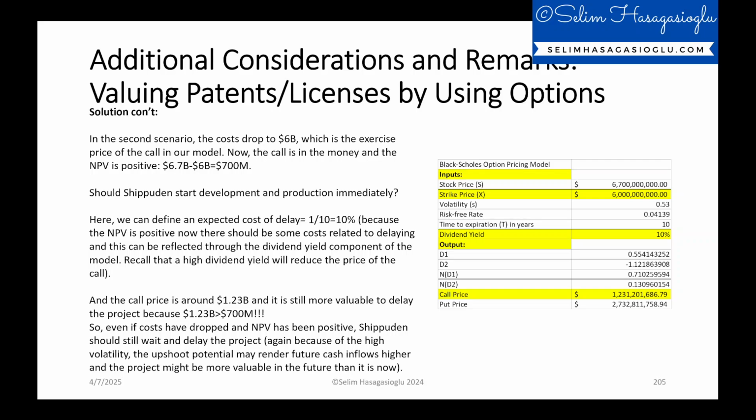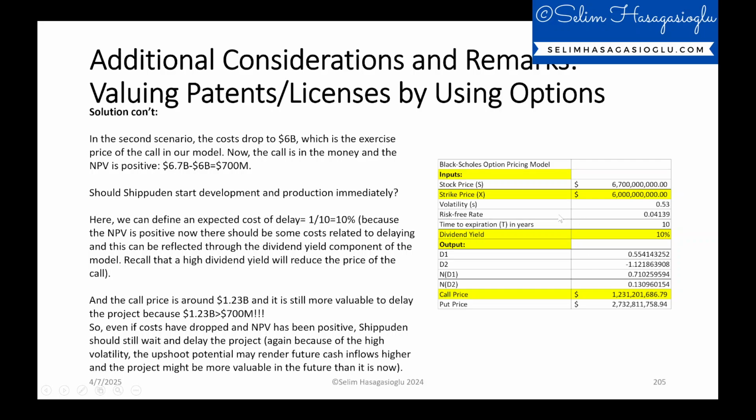So if you, for example, postpone the project for only 1 year, you will be losing 10% of your future cash flows. For 2 years, you will be losing 20%, because each year you delay the project, you lose 10% of all future cash inflows.